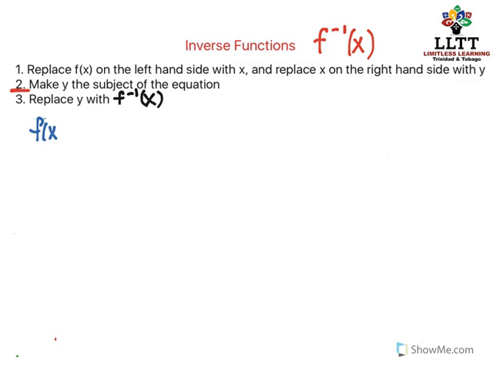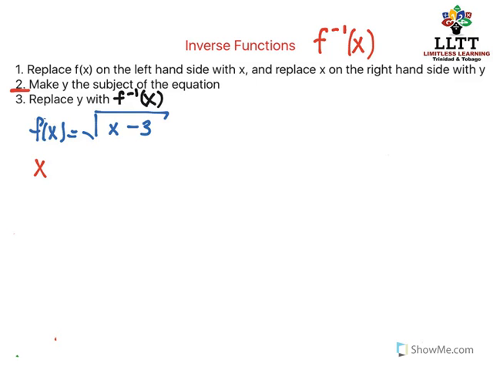So the first problem is you're given that f of x is equal to the square root of x minus 3. And of course we have to find f inverse of x, or the inverse function.